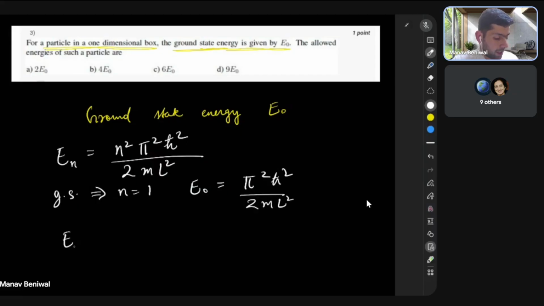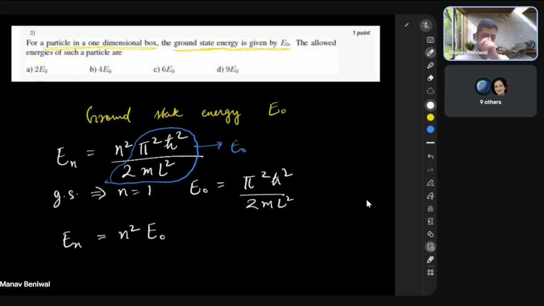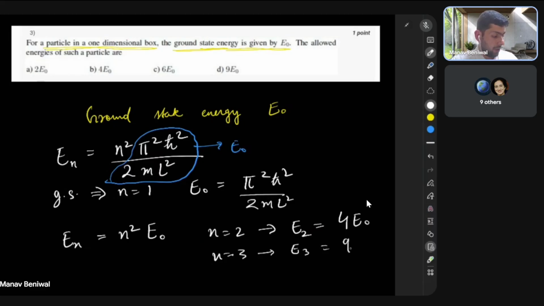Then we can write our energy E_n in terms of E naught simply as n squared times E naught. So basically this entire thing is E naught. Good. So when n is 2, our energy will be 4 E naught. When n is 3, our energy will be 9 E naught, right? So squares, and then the next one will be 16 E naught, and then 25 E naught, and so on.